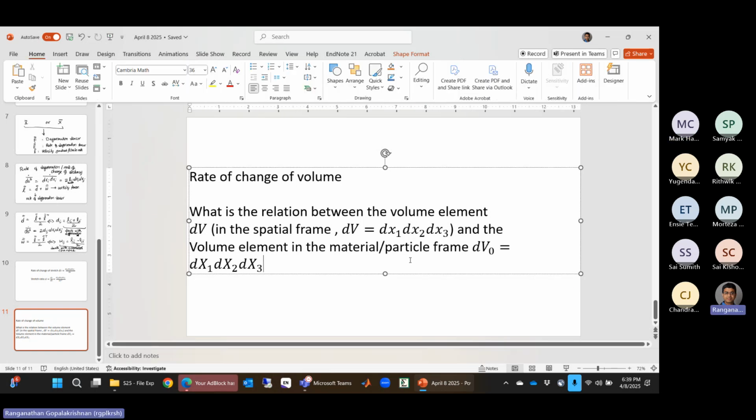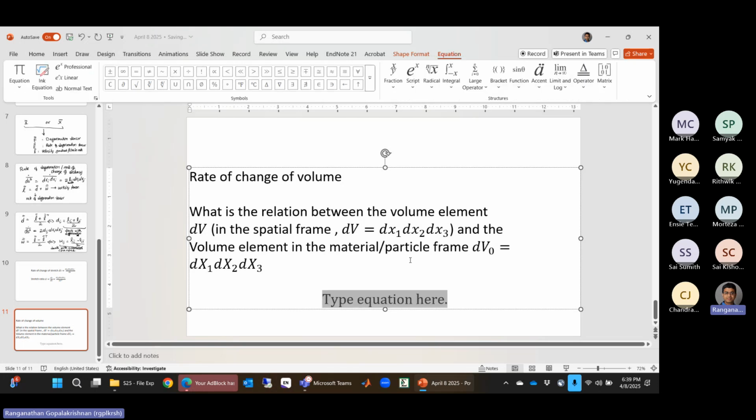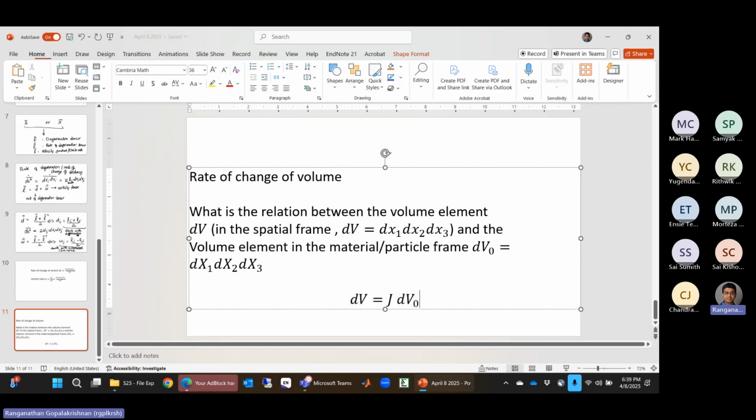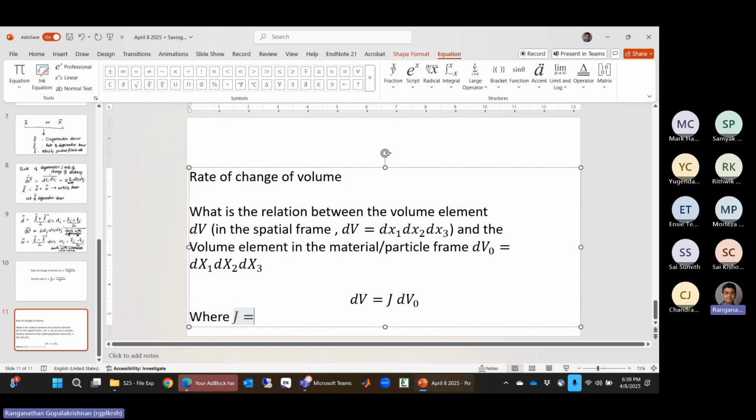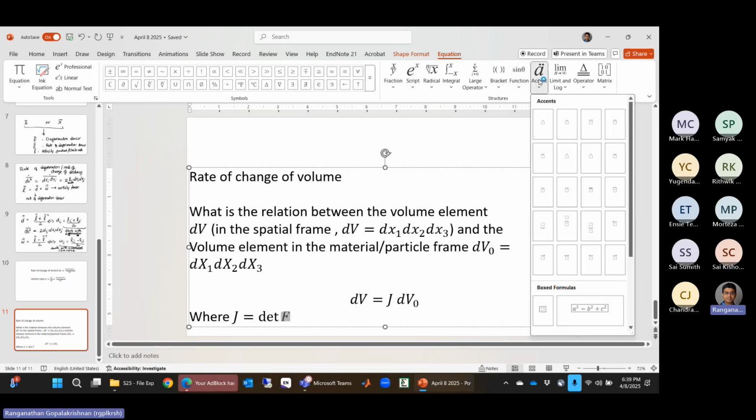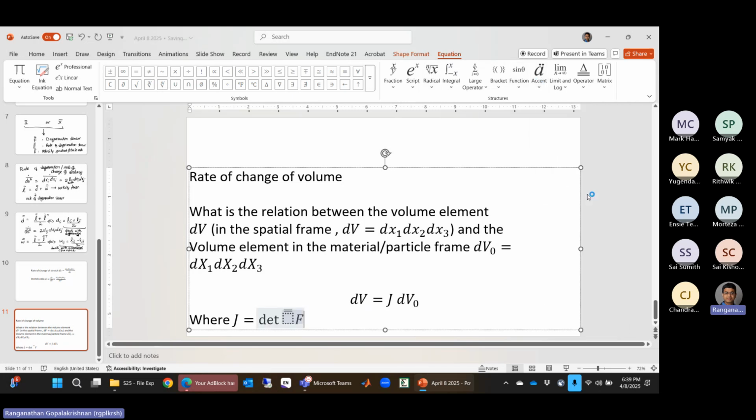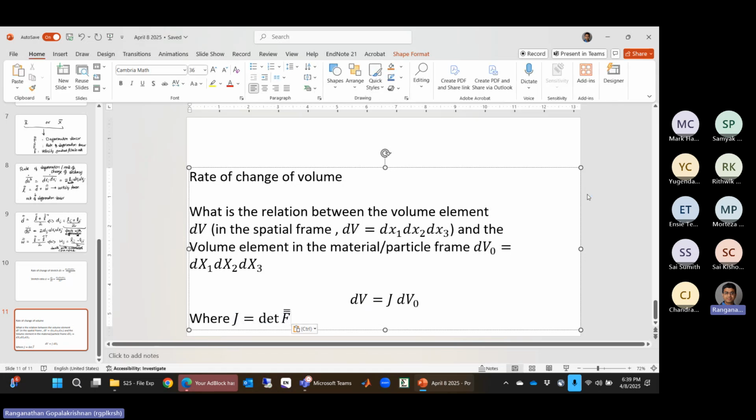It is not just the deformation tensor. dV is equal to J times dV naught, where J is equal to the determinant of the deformation tensor. J is a scalar. So we first calculate the deformation tensor from the actual deformation and then compute a scalar J which relates the change in volume.